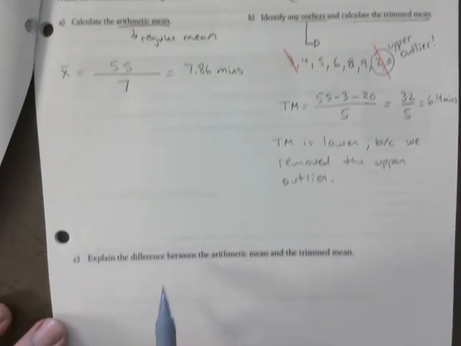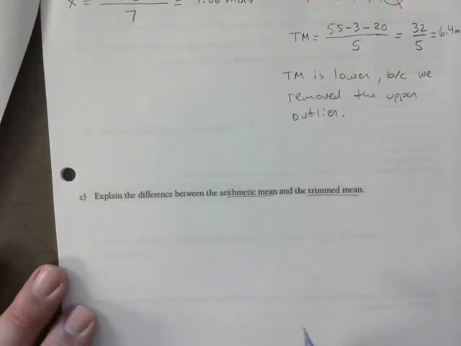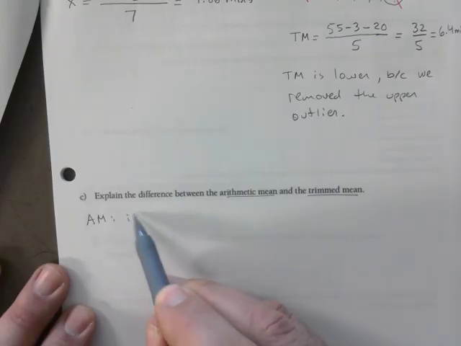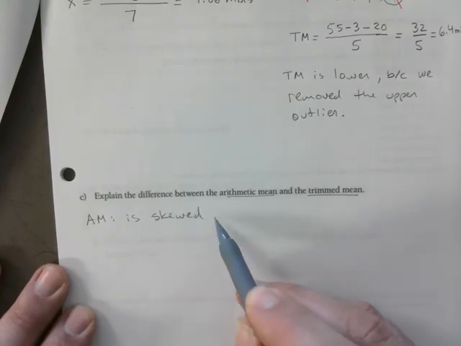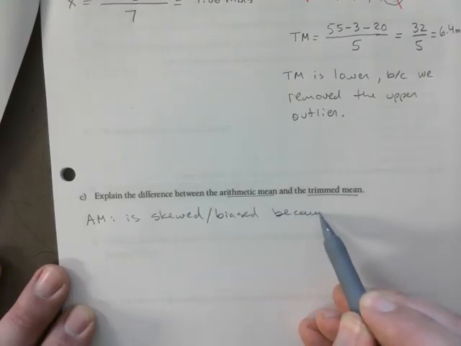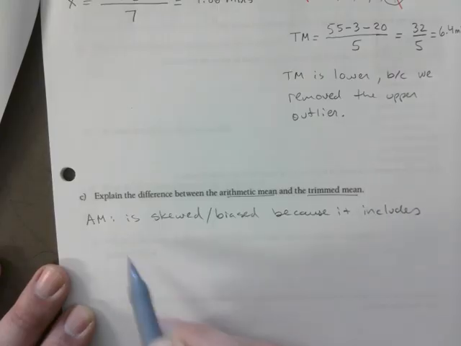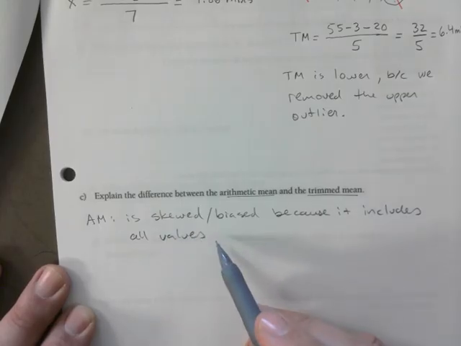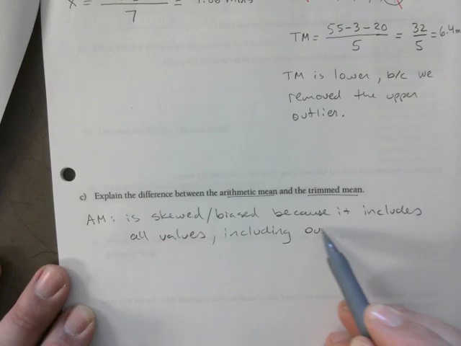Okay. So explain the difference between the arithmetic mean and the trimmed mean. I'll give you a short and sweet answer to this one. The arithmetic mean is skewed or biased because it includes all values, including outliers.